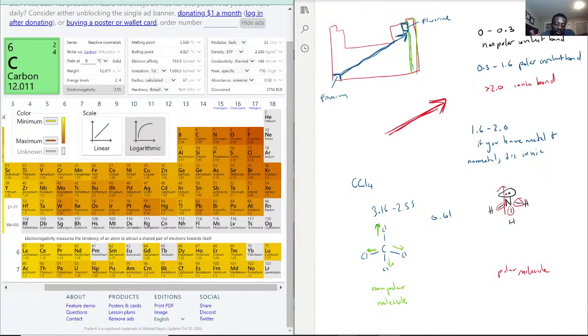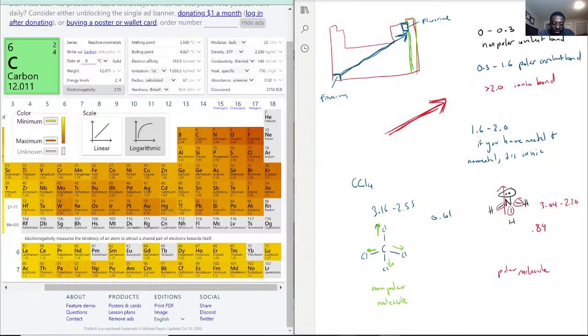Nitrogen is 3.04 minus 2.20, which is 0.84. So it still falls in the range of a polar covalent bond. It has polar covalent bonds and it's also polar because of that lone pair.